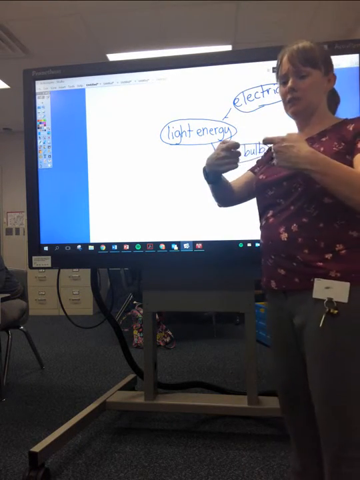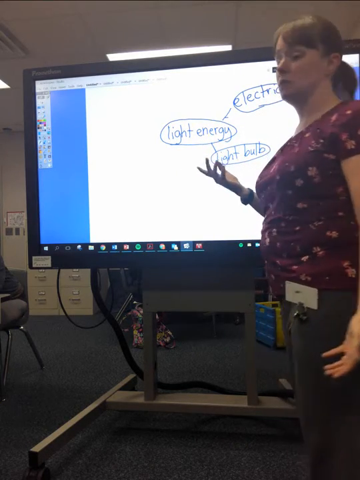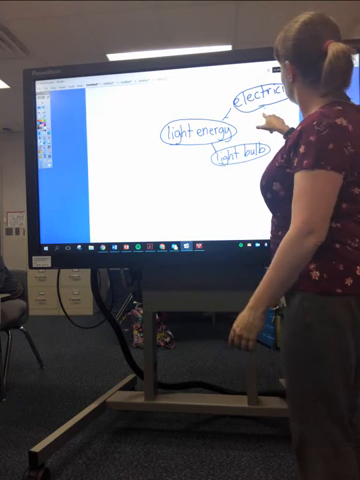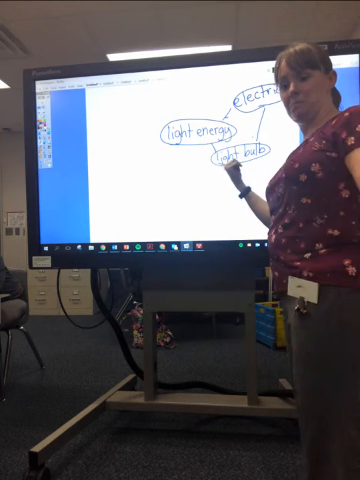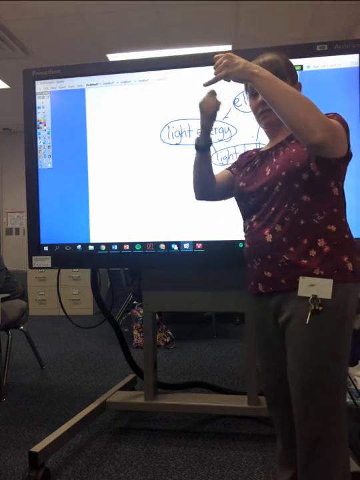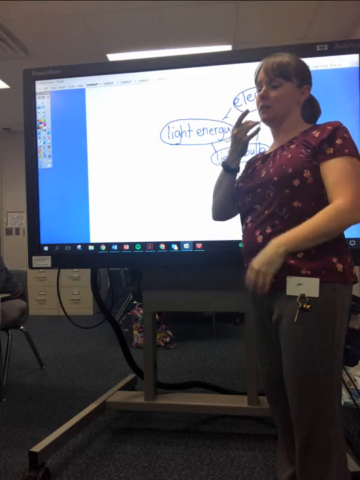How is a plug, how is electricity related to light? It transfers electricity to the light bulb, like the circuit? What about you, Ashley? What do you know about light?